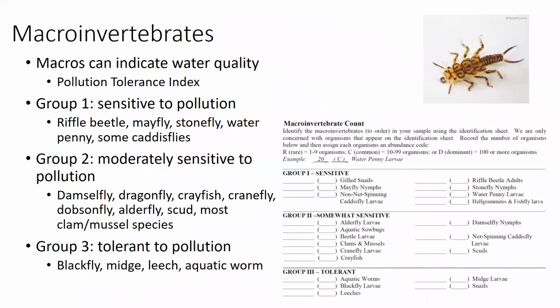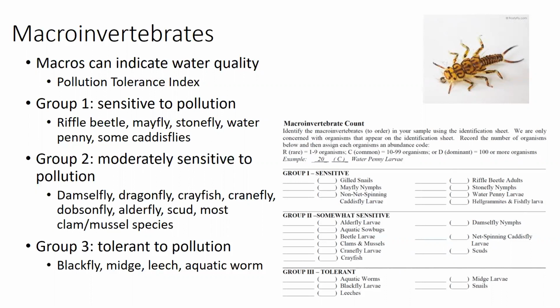So the whole purpose of using macroinvertebrates to assess stream health is based on their pollution tolerance. Some species are very sensitive to pollution and will not be found even when there's only a little. They are only found in streams with good water quality, and these are categorized into group 1. Group 2 are species that are moderately sensitive to pollution, meaning they can tolerate a little, but not a lot.